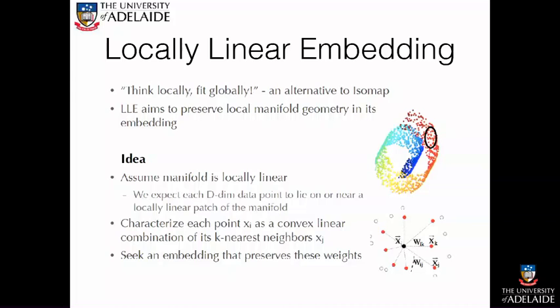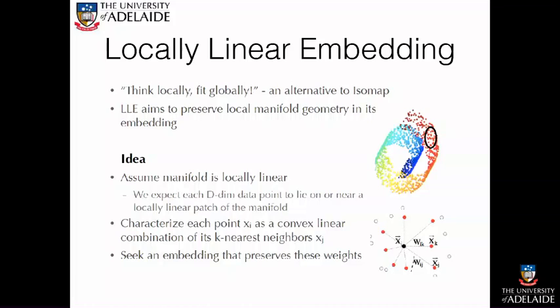MDS preserves the Euclidean pairwise distance in the embedded space, and the IsoMap preserves the geodesic distance in the embedding, right? But here, the locally linear embedding preserves the local manifold geometry in the embedding.